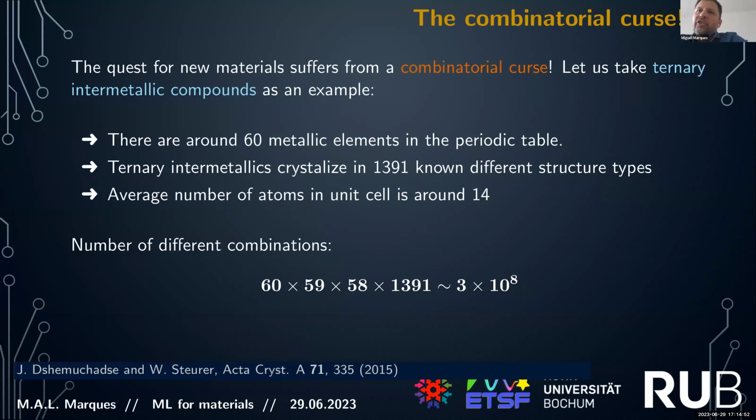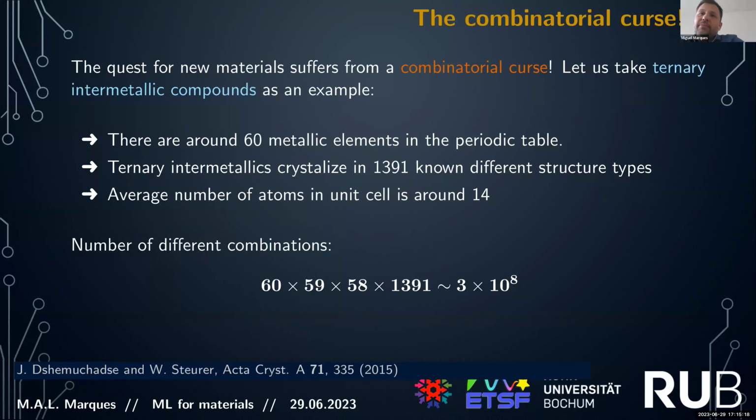We have around 60 of these in the periodic table. Experimentally, we know that there are around 1,400 different structure types in which these ternary intermetallics crystallize. So these are the ones that are experimentally known. The average number of atoms in the unit cell in these 1,400 structures is around 14.